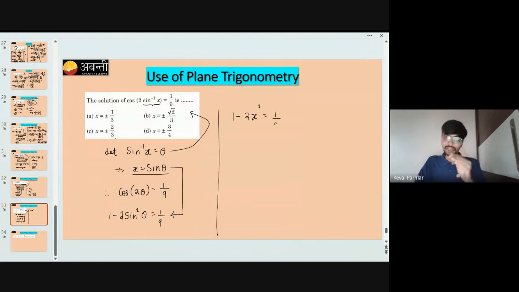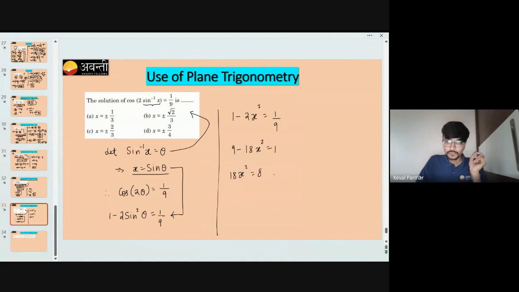If I cross multiply, I will get 9 minus 18x square equals 1. This is a quadratic. If I rearrange it, I will get 18x square equal to 8. Right? I hope there is no mistake here. Yeah.